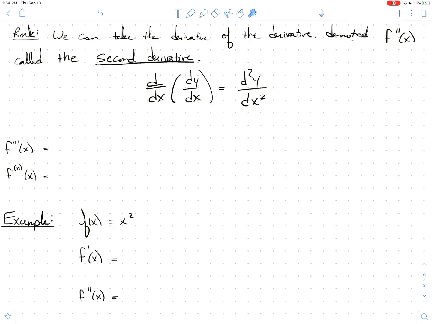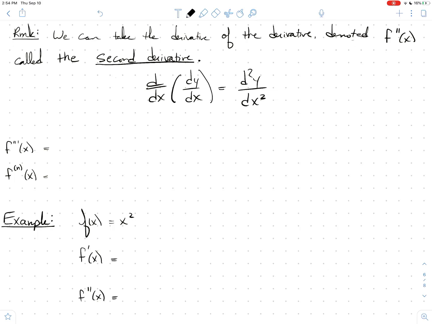All right, so we could take the third derivative and we could do f triple prime, or the fourth derivative, or the fifth derivative. The problem is, if you want to do the 10th derivative, it sort of gets a little bit hard to write, like 1, 2, 3, 4, 5, 6, 7, 8, 9, 10, and then everybody else has to count those. It's not the best notation. And so in general, we're going to use the notation f, not just to the n, not f to the n, but f to the n with a parenthesis, to indicate the nth derivative.